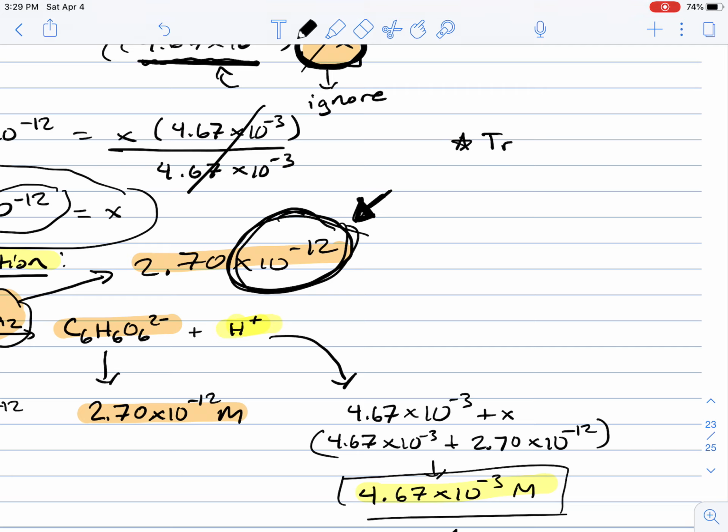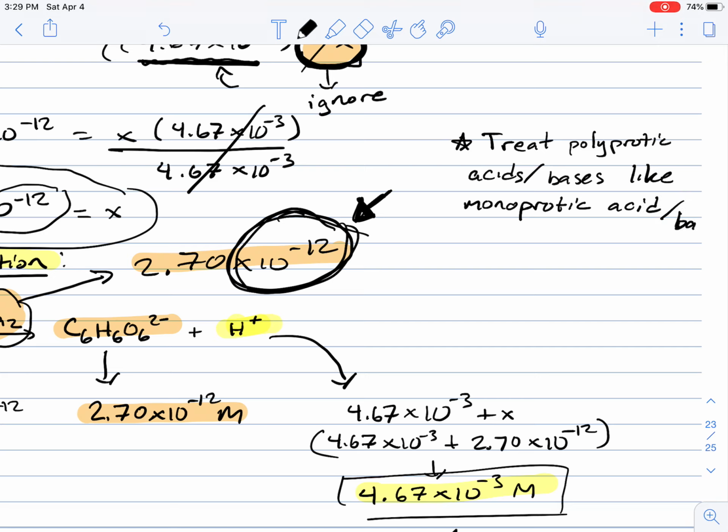So we're going to treat polyprotic acids and bases like monoprotic acid or a monoprotic base.